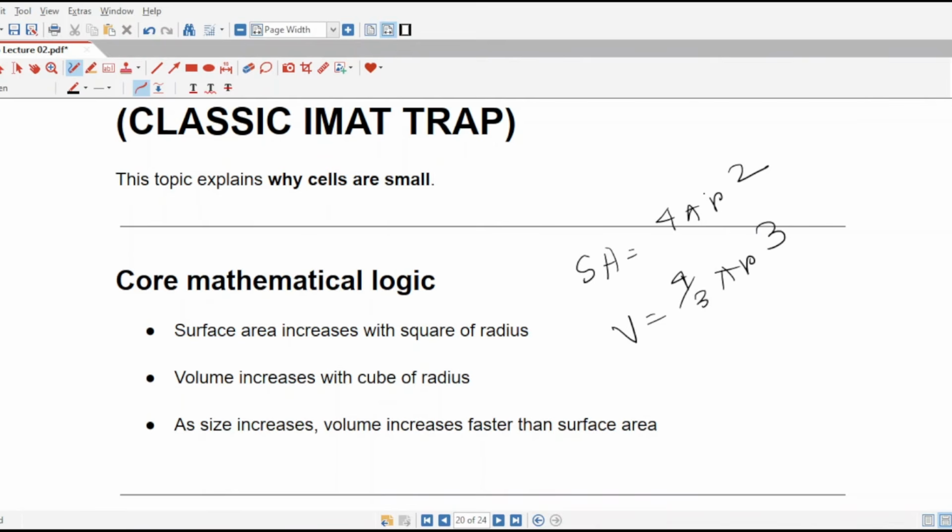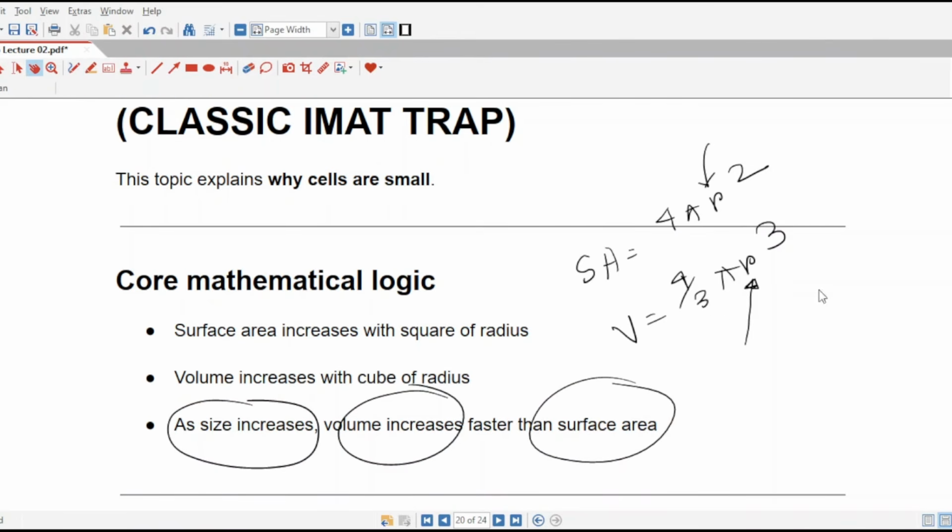That means that if you increase the radius, the cell surface area will increase, but not as fast as volume, because when you increase the radius, the volume is increasing with the cube of the radius. That's why if size increases, volume increases faster than surface area.